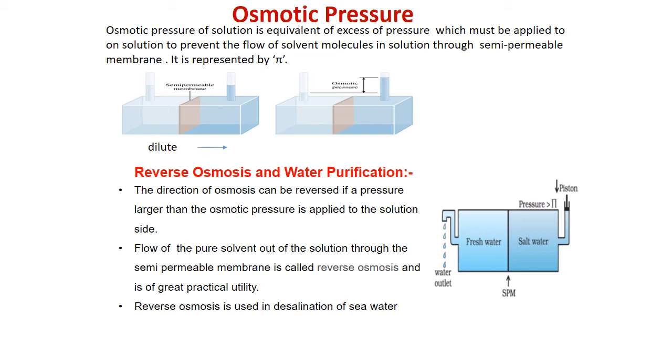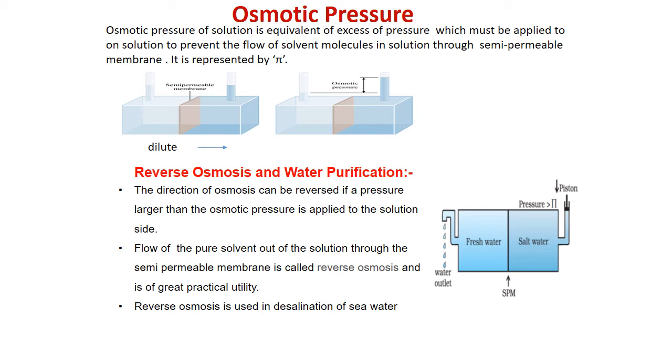Reverse osmosis and water purification. Reverse osmosis means in osmosis solvent molecules move from low concentration to high concentration. But in reverse osmosis solvent molecules will come out from high concentrated solution to low concentrated solution on applying pressure on the solution side more than osmotic pressure.